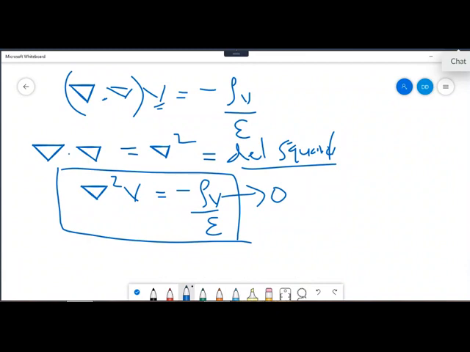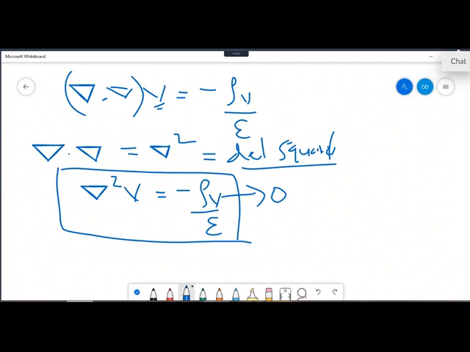Now this is Poisson's equation, del square V equal to minus rho V by epsilon. So Poisson's equation is applicable only in charge existing regions. But it is not true that all regions will have charged particles. Usually in some insulators or dielectrics, we may not have free charges, so in such cases rho V will be 0.